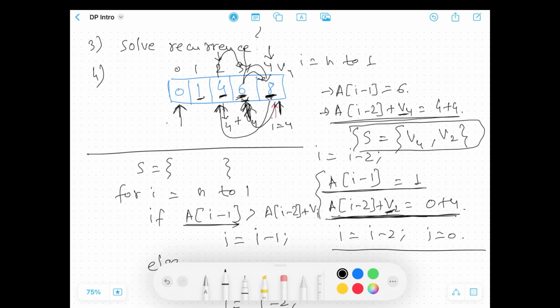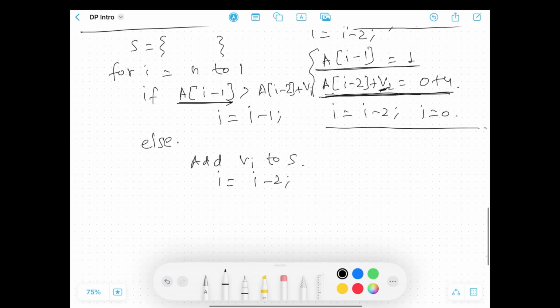So if vertex 4 is part of the solution, then add vertex 4 to the solution and move 2 spaces back. And in the end, return S. This is your code for reconstructing the solution.